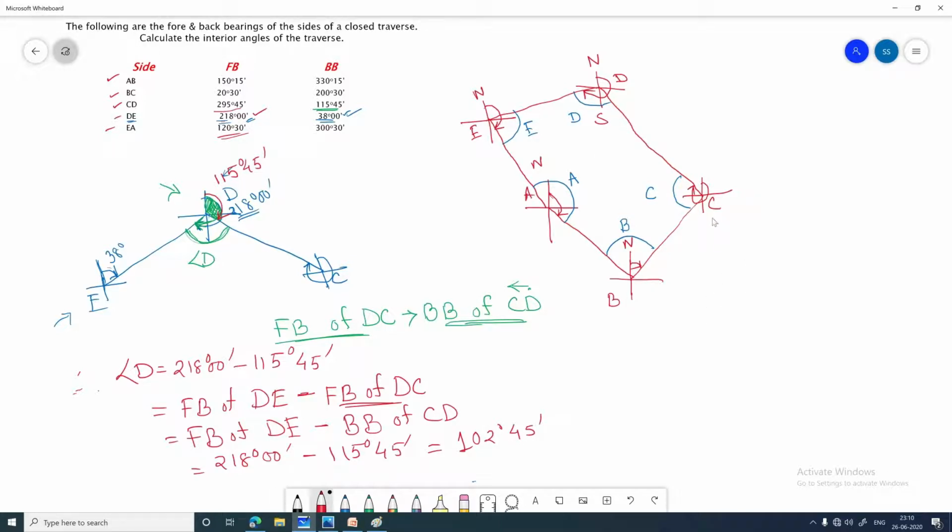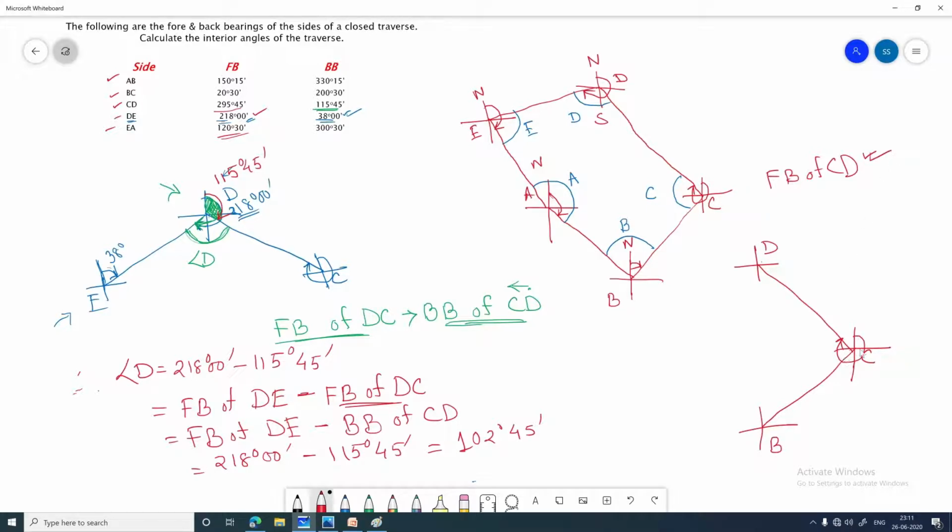Now let's come to the angle C. So let's draw it over here. It is something like this, now this is angle C. The value that we have is this one, and this is D, this is C, and this is B. So here also we know this total angle, that means the forward bearing of CD we already know.